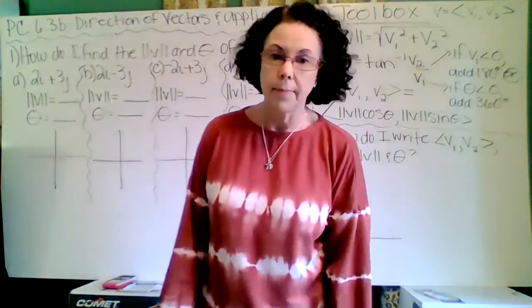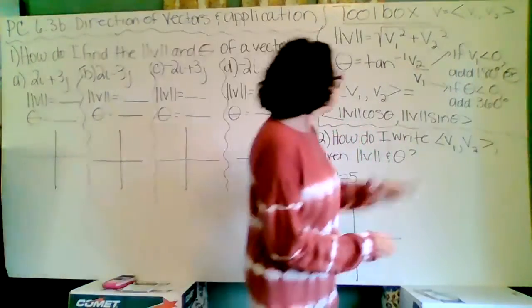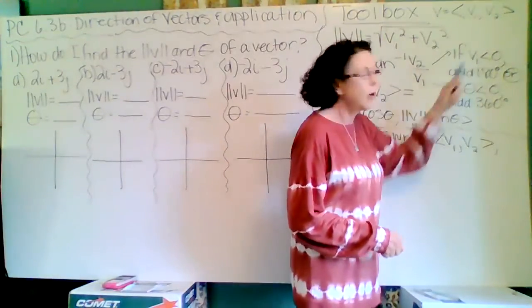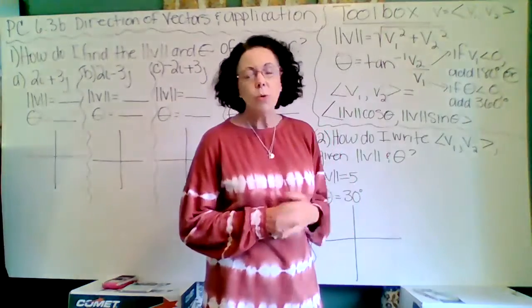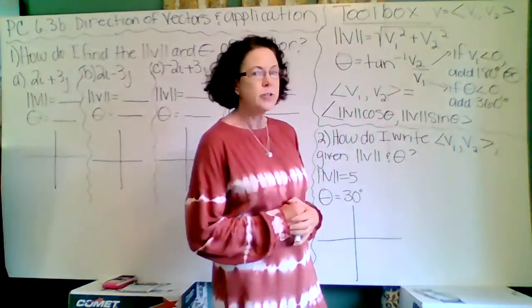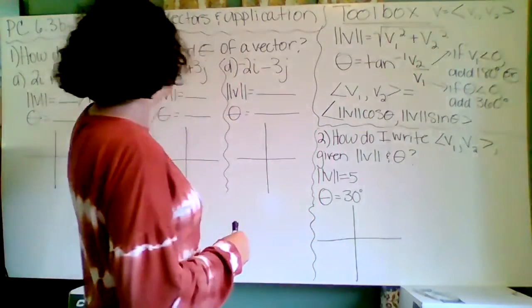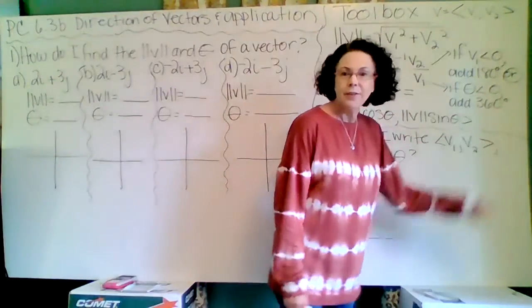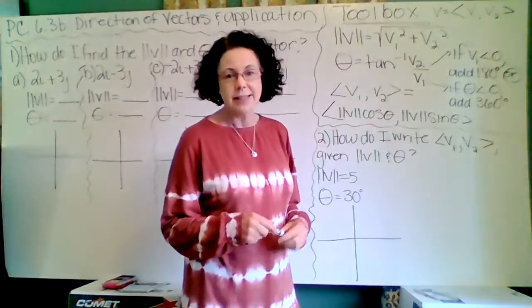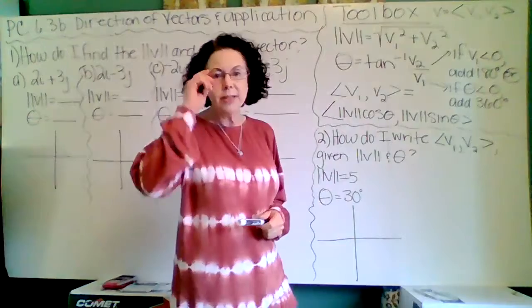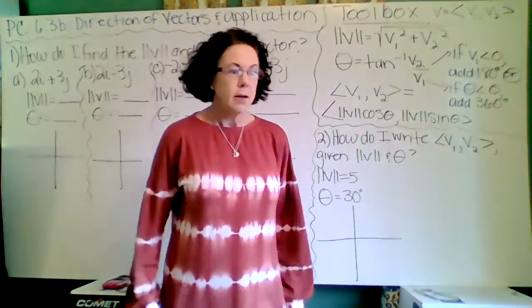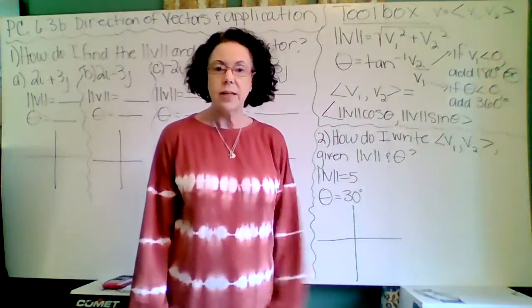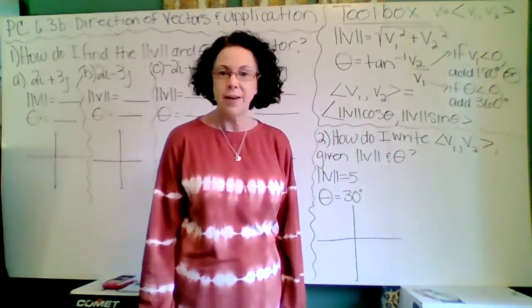Now, if your v1 is less than 0, meaning it's negative, we're going to add 180 degrees to our answer. Also, if theta itself is less than 0, then we're going to add 360, just because the text keeps their answers in with a positive value.